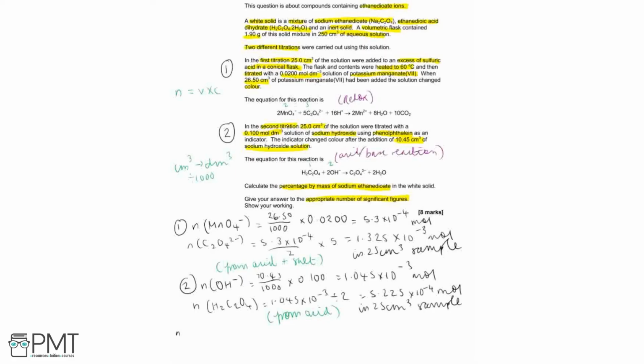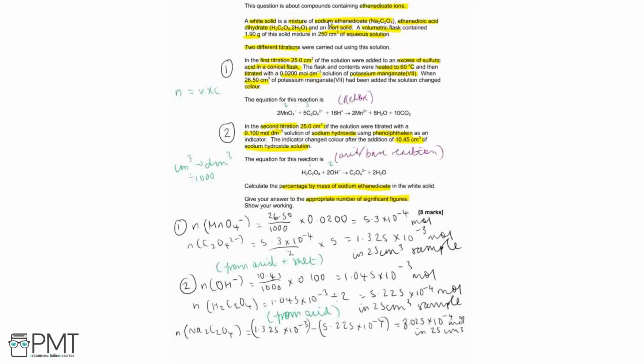So the moles of our sodium ethanedioate in 25 centimetres cubed is going to be our 1.325 times 10 to the minus 3, subtract 5.225 times 10 to the minus 4. We can put that in brackets as well to make it a bit easier in the calculator. And that gives us a value of 8.025 times 10 to the minus 4 moles. And that's in 25 centimetres cubed.